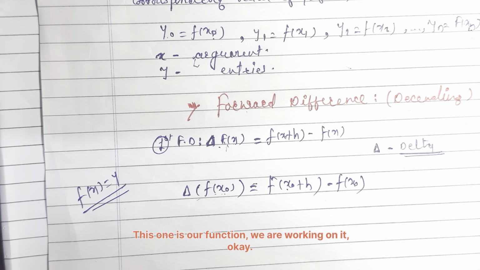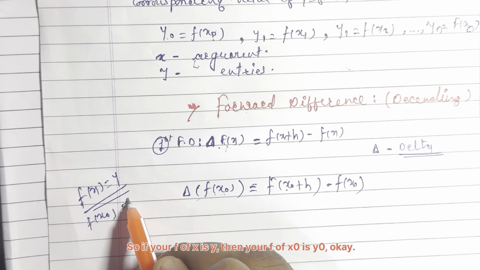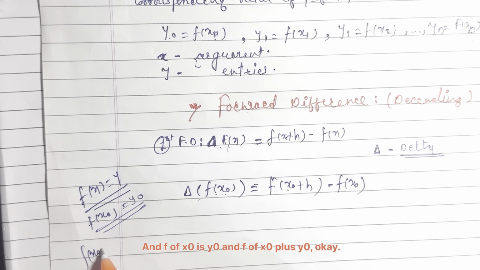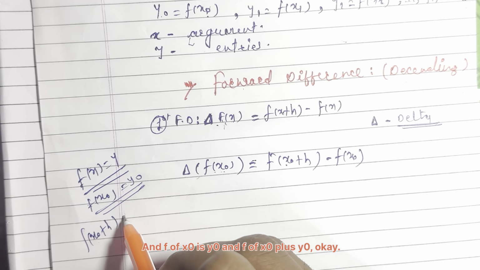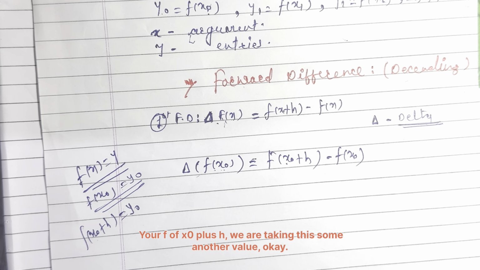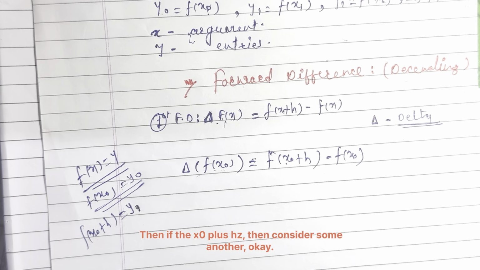So if f of x is y, then f of x0 is y naught, and f of x0 plus h we take as another value, y1.